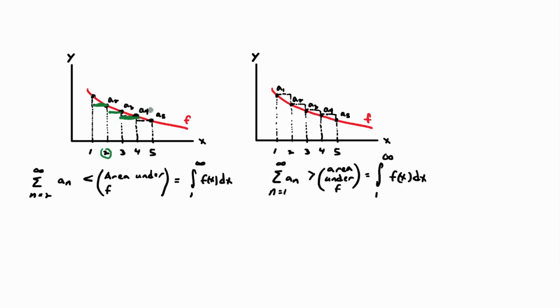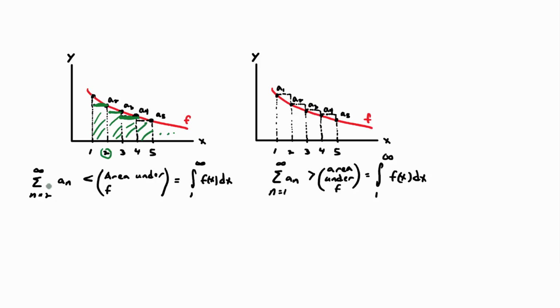This height here is a4, and so forth. And then it's pretty clear that the sum, n equals 2 to infinity, I have to start at 2 here, of a sub n would be less than the area under the curve, wouldn't it? Because this sum would be represented by the sum of the areas of these rectangles. And of course, you keep going. I just can't draw forever.